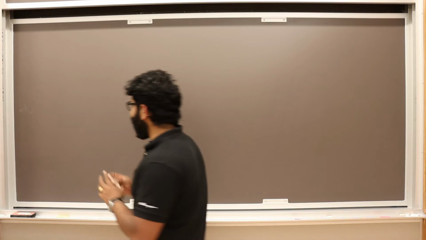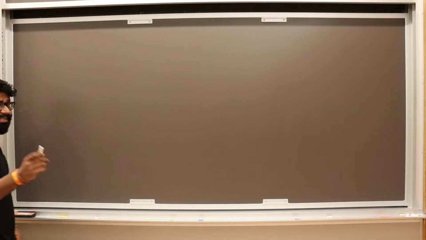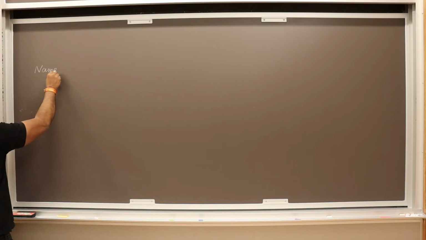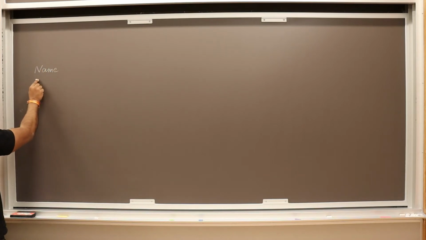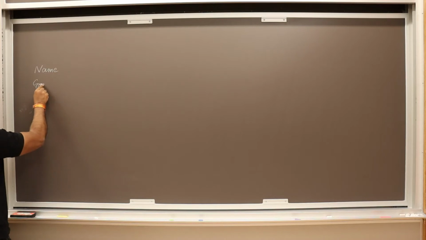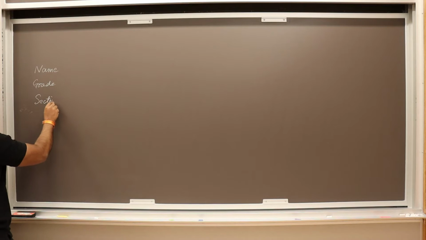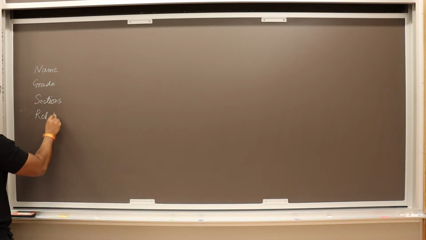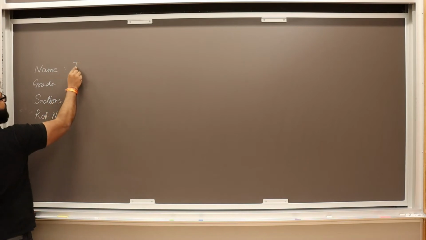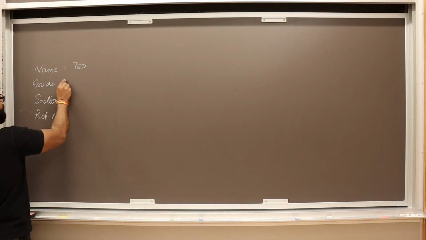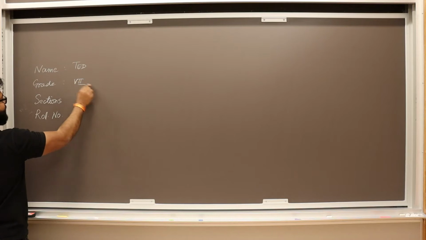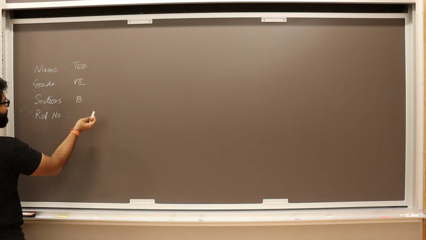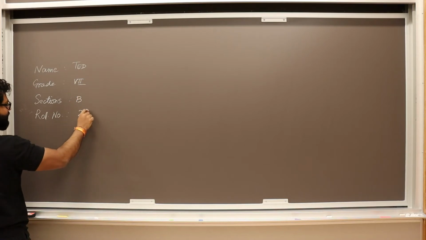Each student in any class in your school will have a name, right, and that particular student is in a grade, and say there are different sections in the grade, and each of them have a roll number, right? So name is Ted, grade 7, section B, and say roll number 22.